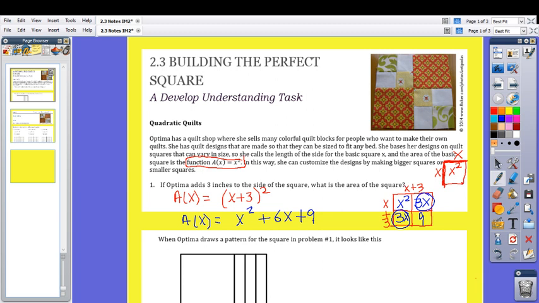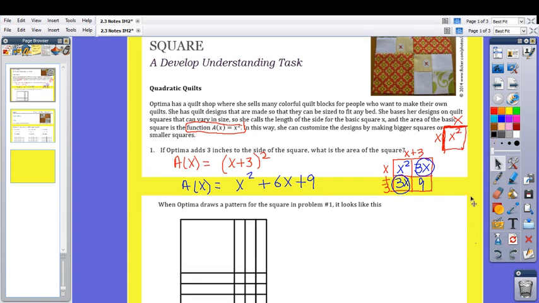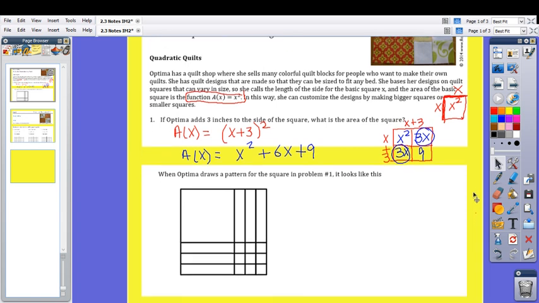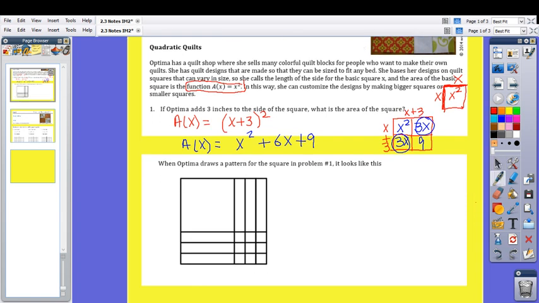Now it is saying in the second one that she draws a pattern for the square in problem number 1. So she figured out the area, but now she is making a pattern with the same area.